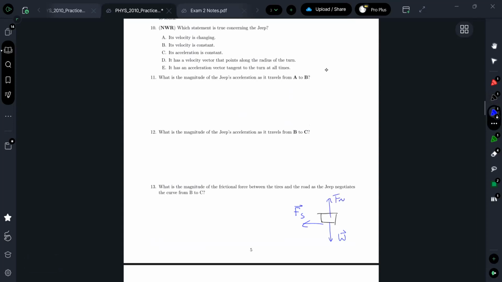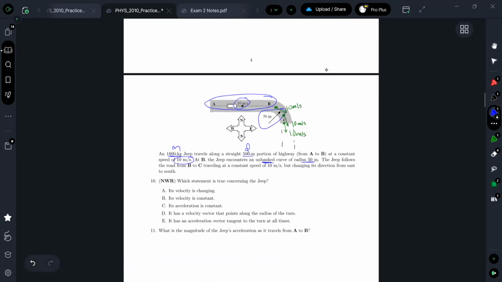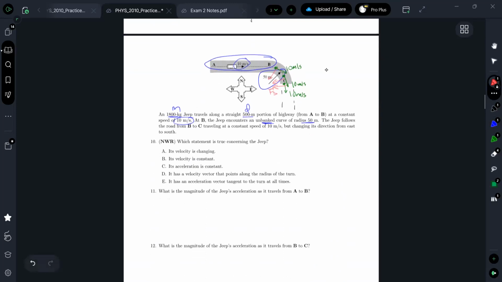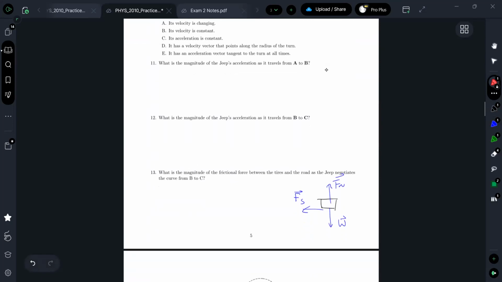There's the normal force. But this is me taking a different kind of view of the car as it's going through this curve. So to orient ourselves, this is what I'm calling the direction of static friction as it's going around the curve. In this picture I've drawn down here, it's like the car is coming out of the screen at me. This is like the windshield of the car.